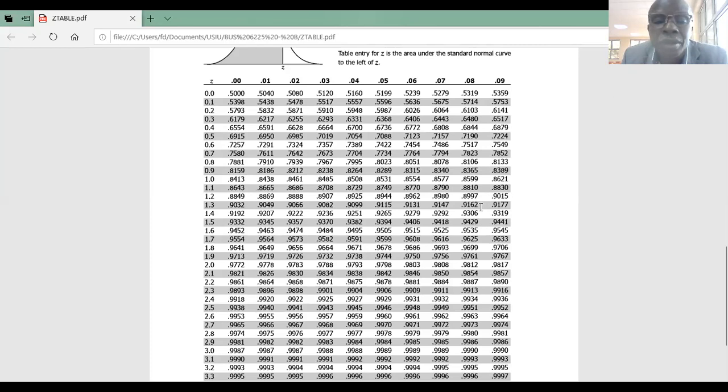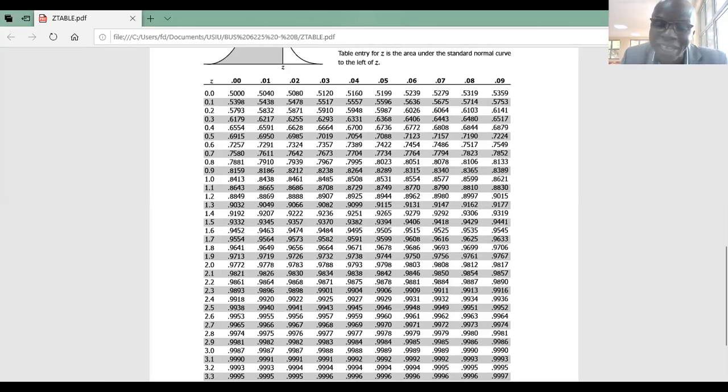0.9015. Which value of Z gives you that? 1.29. Some people also pick 1.30, but it doesn't matter. Let's take 1.29, the one you have chosen.